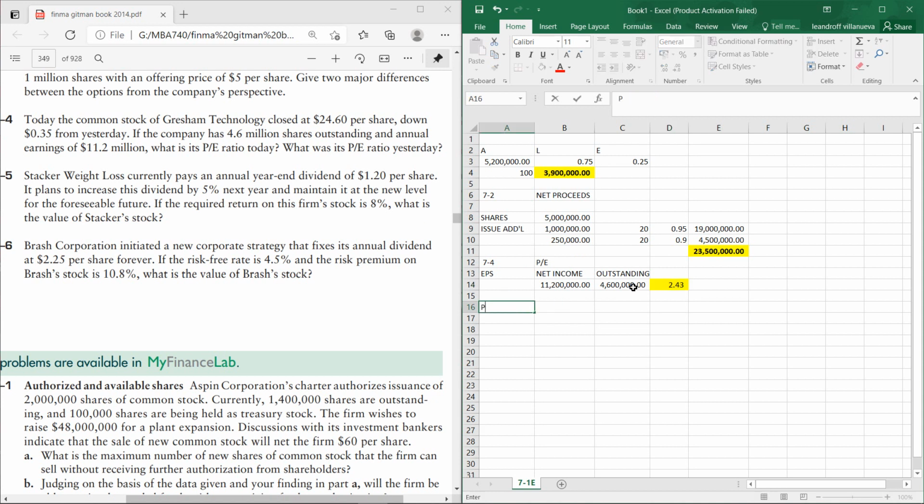So, our price-earnings ratio is 24.60 divided by 2.43. So, we have 10.10.